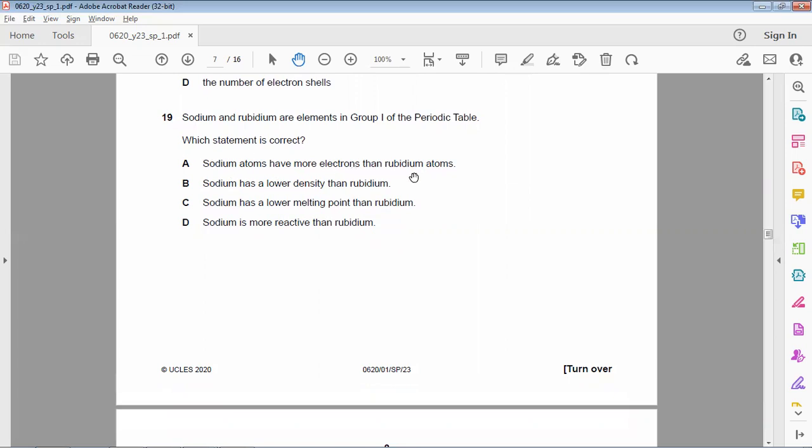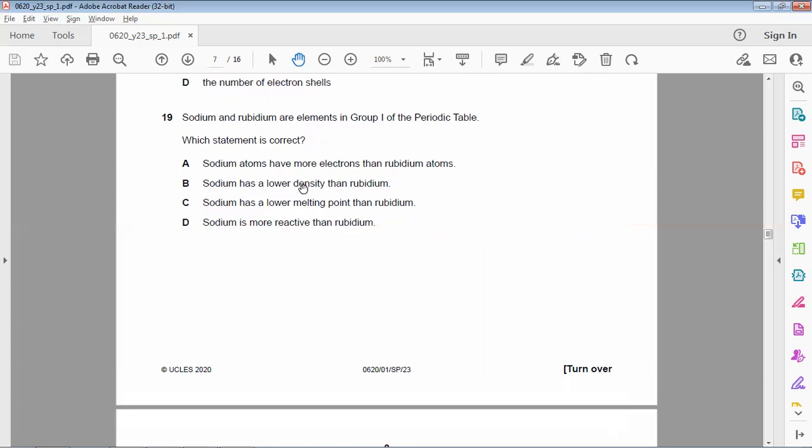So it's actually rubidium, which is down the group, that has more electrons. So it's not correct. Sodium has a lower density than rubidium. Rubidium is a bigger atom, with a bigger nucleus, more protons, more neutrons, and a bigger mass number. So if it has bigger mass, it is going to have a bigger density.